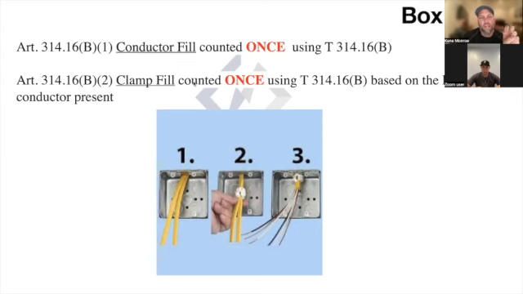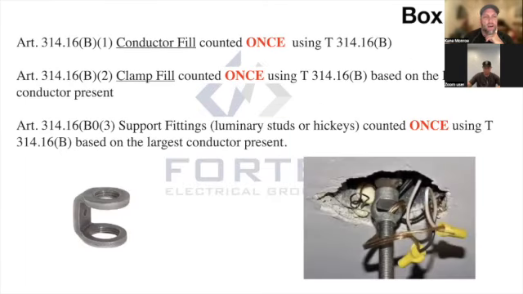And then you've got a clamp fill counted once based on the largest conductor present, and we'll say it's 14. So you have to count your conductor, and then put another 2 down for your clamp fill if you had a clamp in there. So it'll be 2 times 2 so far.